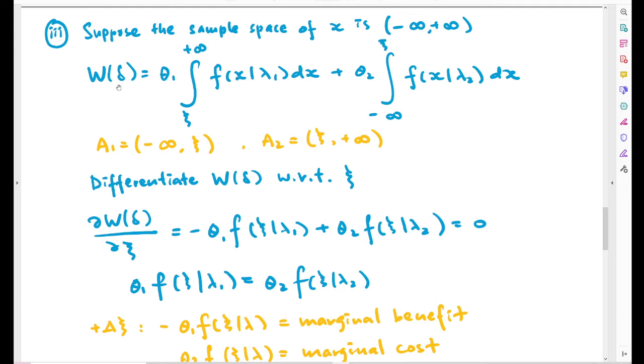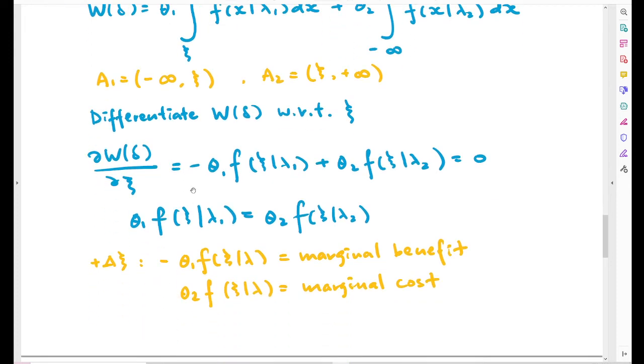Under this situation, the Bayes risk function can be represented by these two integrals. Let's differentiate the Bayes risk with respect to c. Here is the result, and we set it equal to 0, and then the cutoff point c of these two intervals will be defined by this equation.